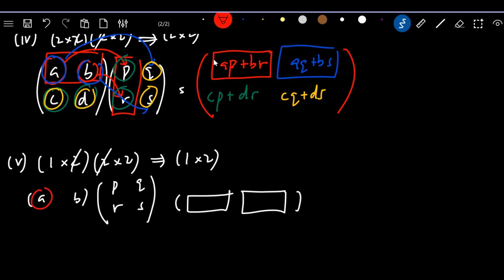So AP plus BR, and AQ plus BS. Okay, so this is how the multiplication of two matrices works, and I think this will be the most important concept in matrices.